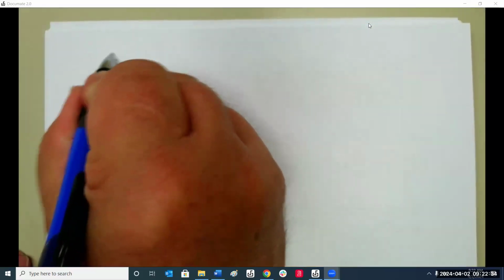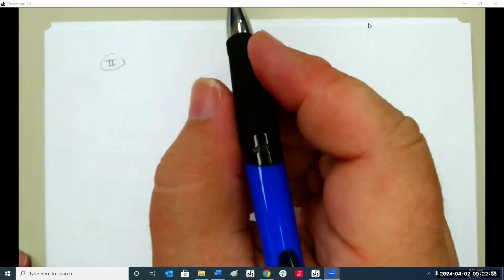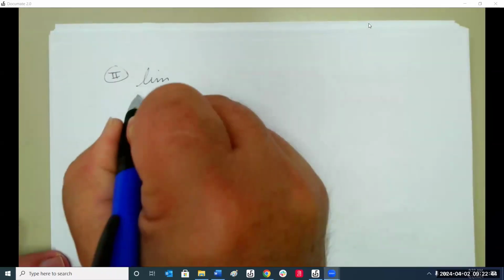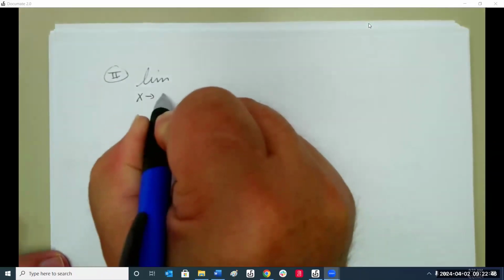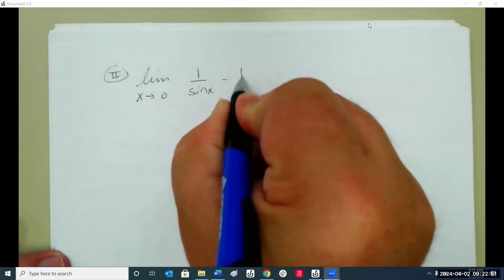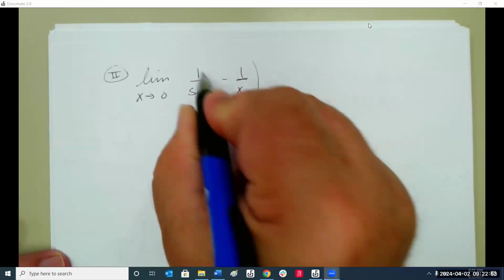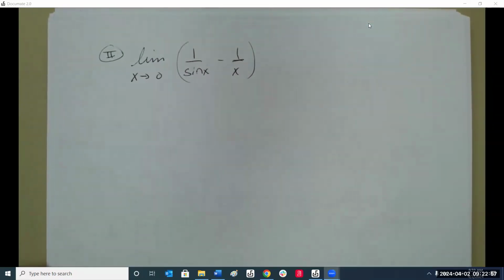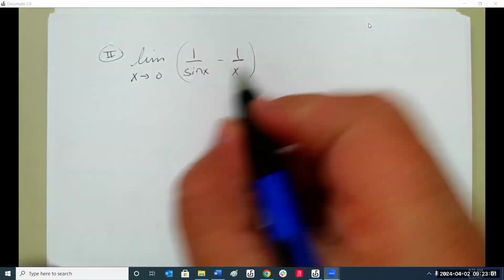So the second way, let me see what that equation was. Oh, 1 over sine x minus 1 over x.